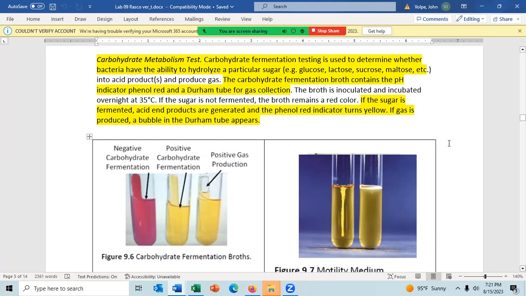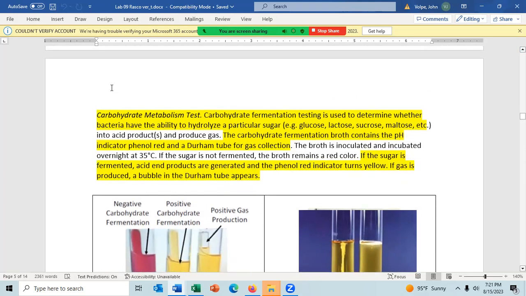Would this result be the same for the PR lactose test that you sent us originally? Yeah, this will be the same as the PR lactose test. They're usually called the PR carbohydrate test. I don't have that here for some reason, but this is the same. The carbohydrate metabolism test is the PR carbohydrate test.